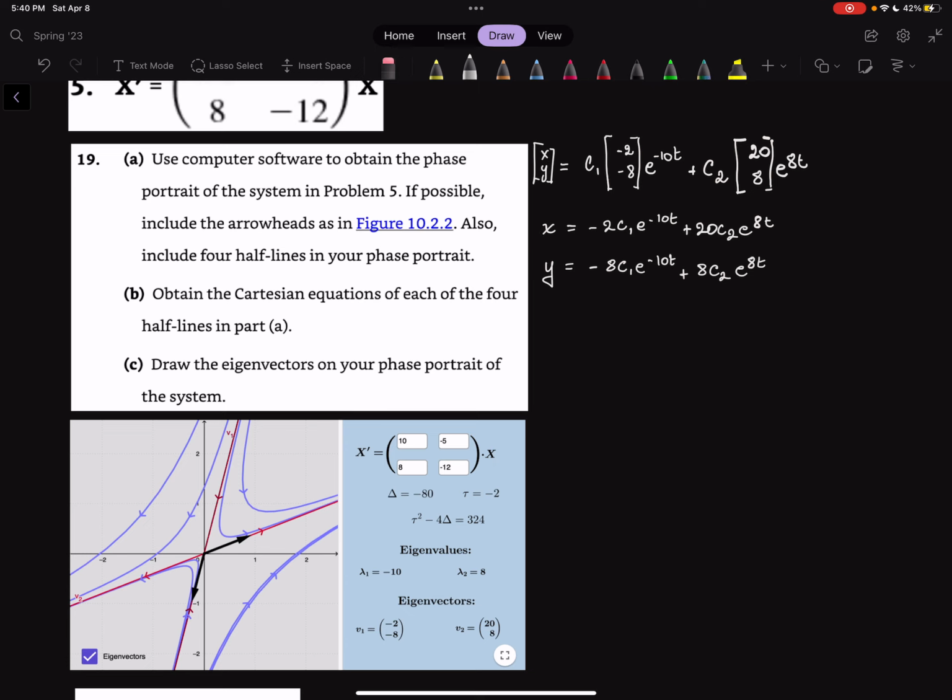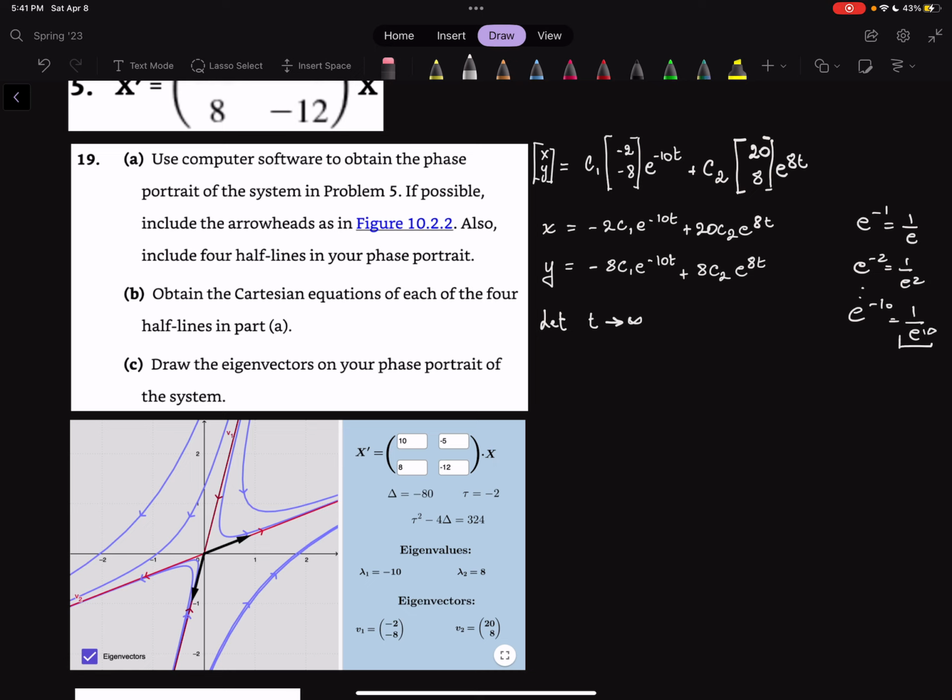I'm saying let t go to infinity. Now, if t goes to infinity, you should see that the terms that are to the negative power will be very, very small because, look, if I have e to the -1, this is 1 over e. If I have e to the -2, this is 1 over e squared. If I have e to the, let's say, -10, this is going to be 1 over e to the 10.